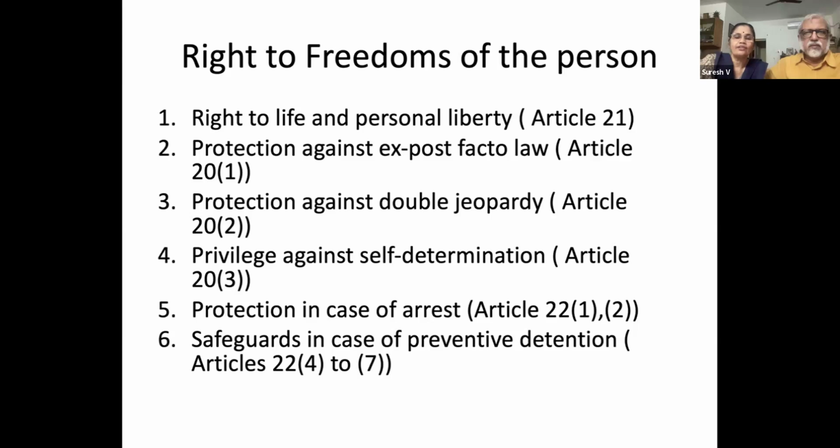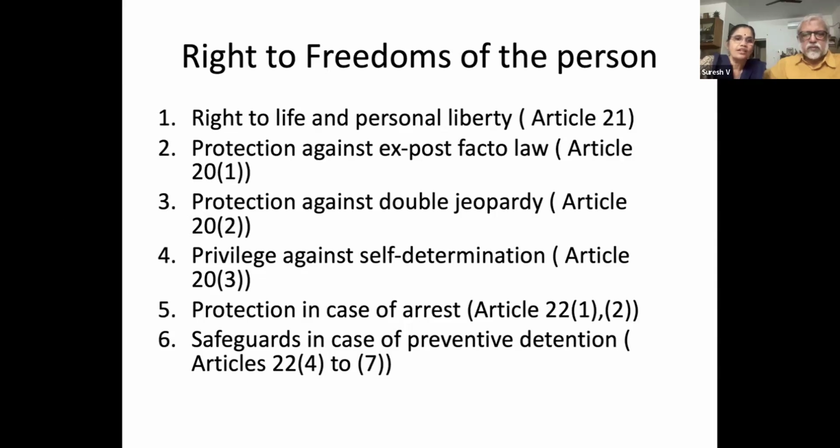Then suddenly tomorrow somebody else comes and says, no, I have come across some more evidence. We want to try you once again for the very same offense of which you have already been acquitted by a court. So that cannot be done. So it's a protection against double jeopardy, to be tried for the same offense twice. That is what is the protection against double jeopardy.